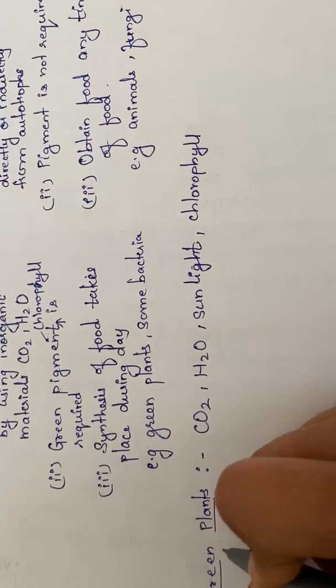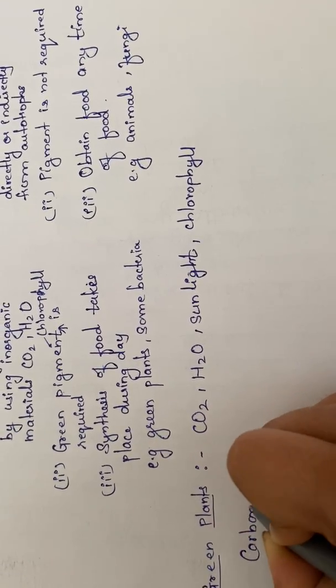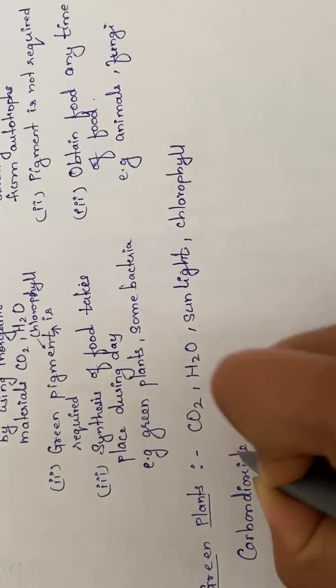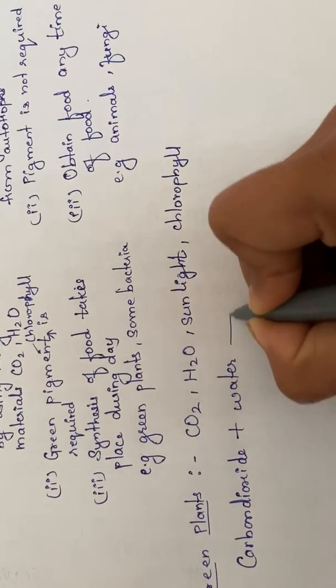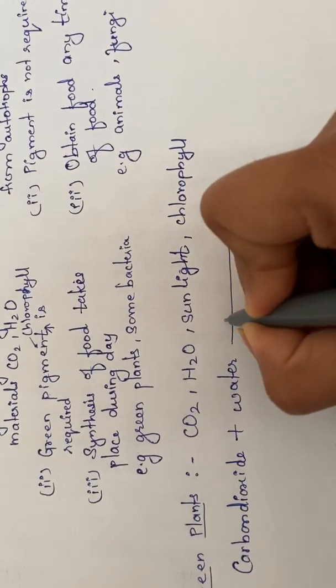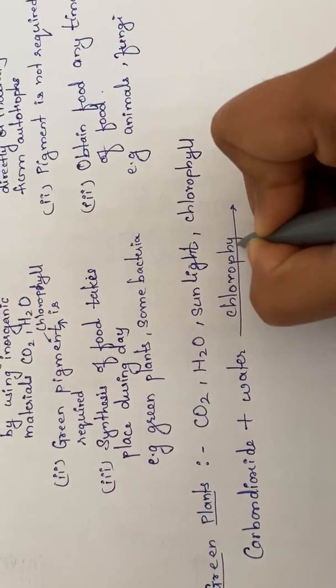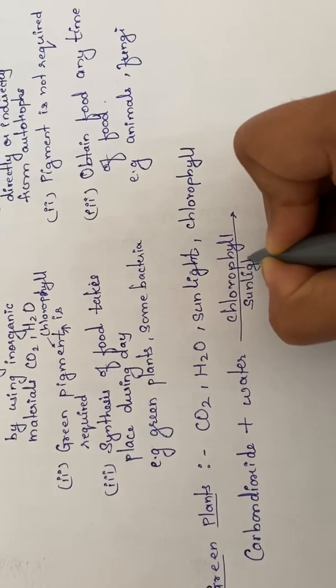Right, now if we write it in the form of an equation, let us write the word equation first. So what are the requirements? Carbon dioxide, water. Chlorophyll is required by the plant for trapping sunlight. Now what happens in this?